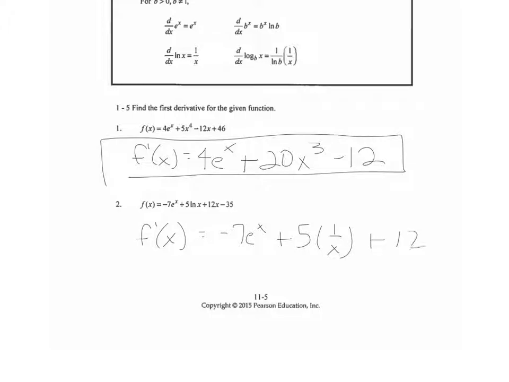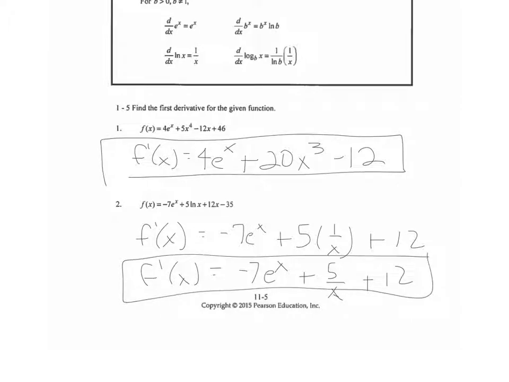It's just 12, and the derivative of negative 35 is 0. The only thing left to clean up here would simply be to go ahead and multiply 5 times 1 over x, and we'd have our negative 7 e to the x plus 5 over x plus 12 as our cleaned up finished derivative.